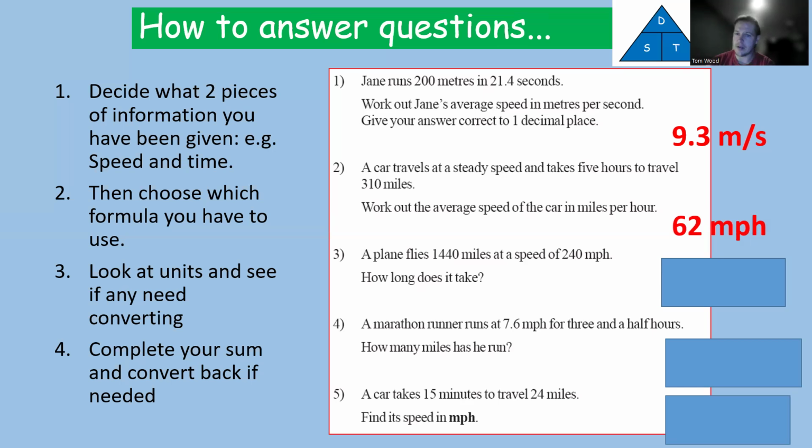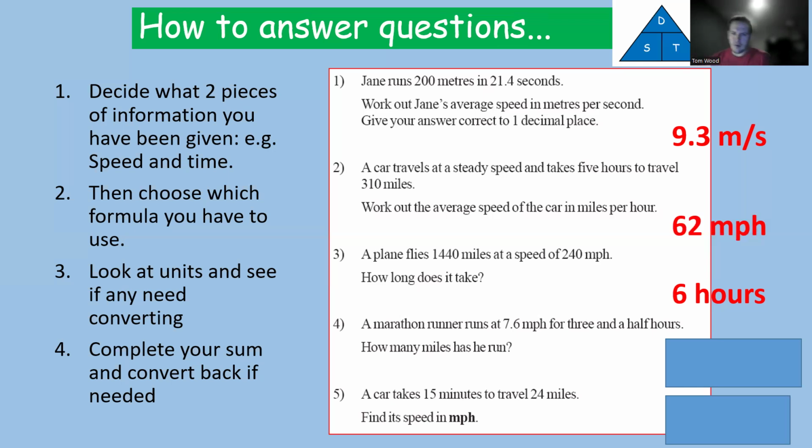The speed is in miles per hour, so that is 1,400 divided by 240. And we can see here it's going to be 6 hours. We know this because we've got miles divided by miles per hour. So these kind of units cancel out, and we end up with just our time remaining, essentially.